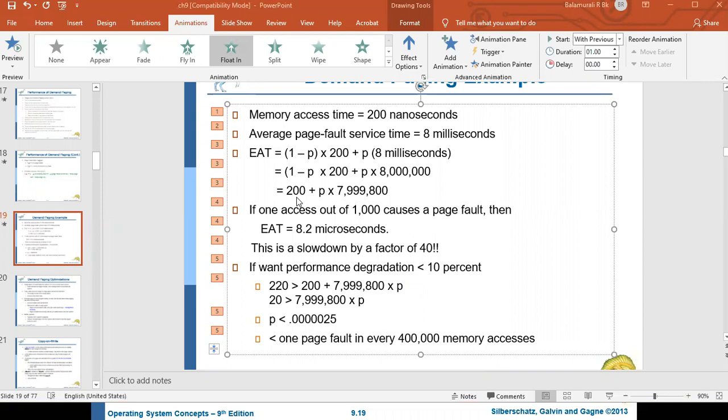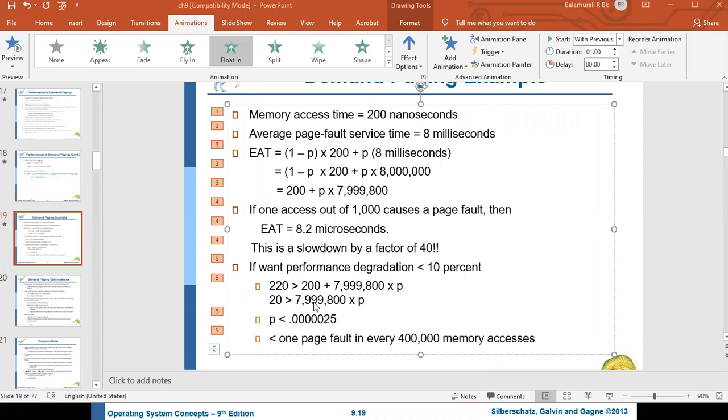Or you may be asked, if you want the performance degradation to be less than 10 percentage or less than 5 percentage or less than 20 percentage, then what should be P? All this kind of questions can be asked.